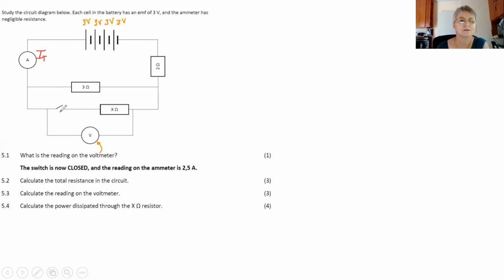If the switch is open, there will be no current flowing through here. Because the voltmeter is connected parallel to resistor X, and there is no current flowing through there, the voltmeter reads potential difference.